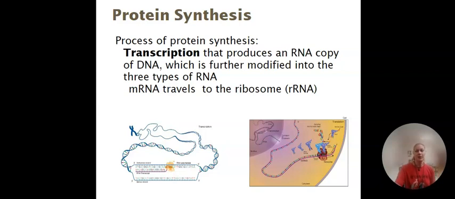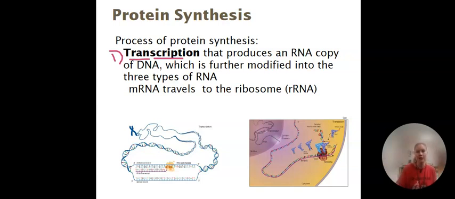Protein synthesis is the process of making proteins. If you synthesize something, that means to make. So we are making proteins. The process of protein synthesis occurs in two stages. Step one is transcription. Okay, so if we see here like script, like to write, and then trans means to change.